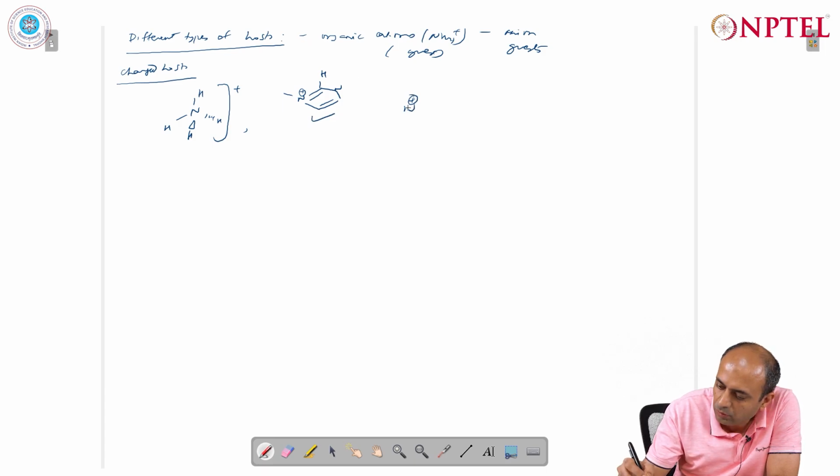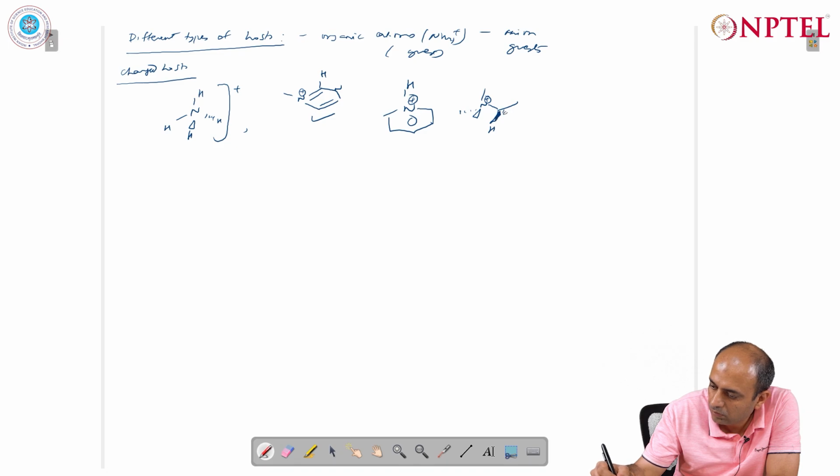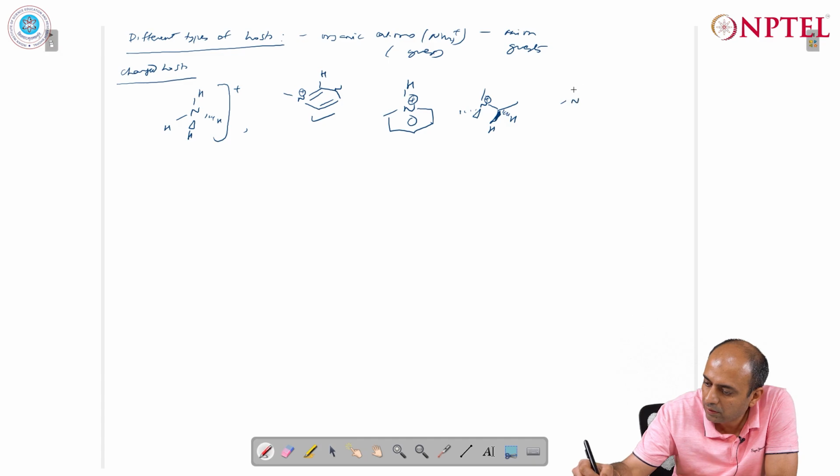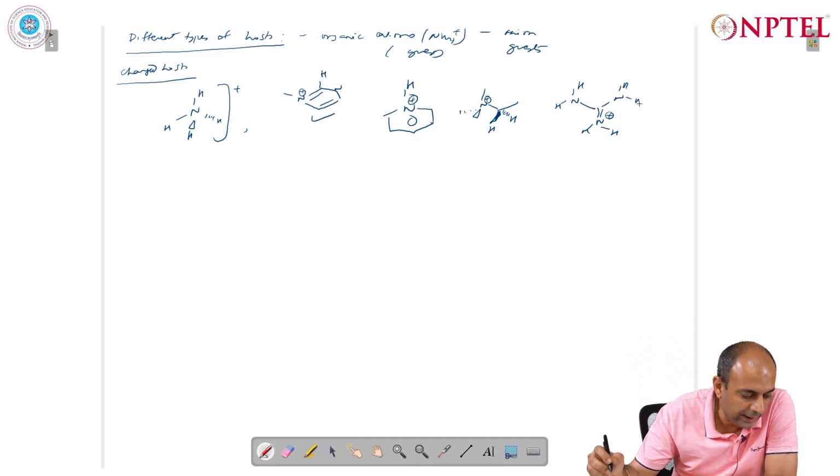We can have the protonated pyridine, and we also looked at guanidinium based species as well.